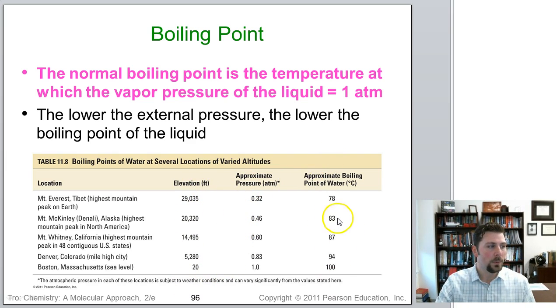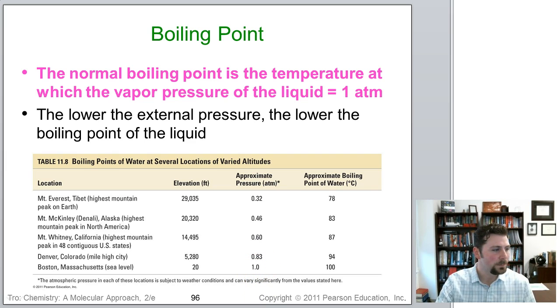That means our boiling points here are all different values for water. If you're at sea level, it's 100. That's the way we normally think of it and experience it. But if you take it up onto Mount Everest, it goes down to 78 degrees Celsius because that's the temperature at which the vapor pressure equals the external pressure, and the external pressure has lowered itself quite a bit compared to at sea level.